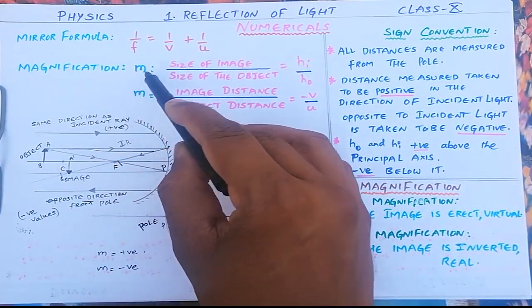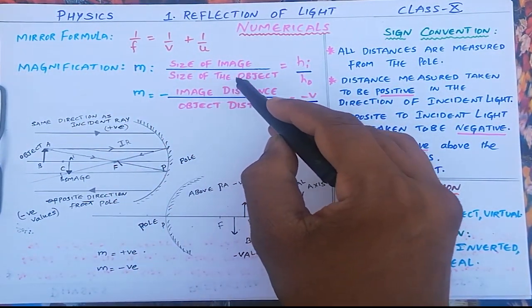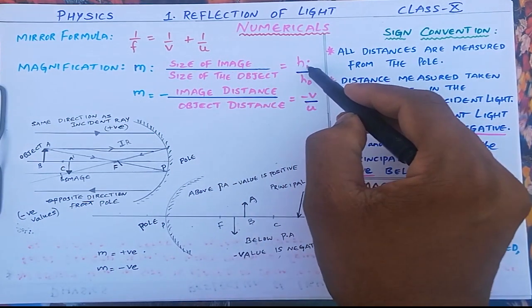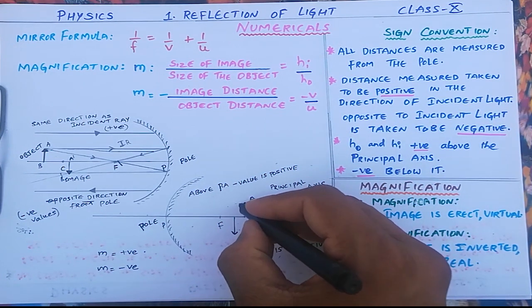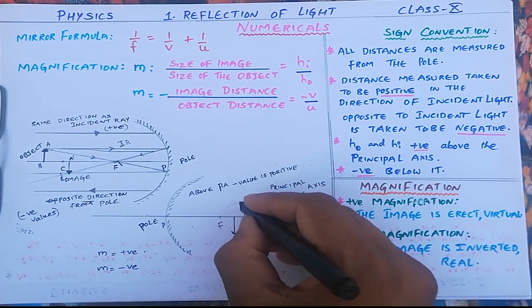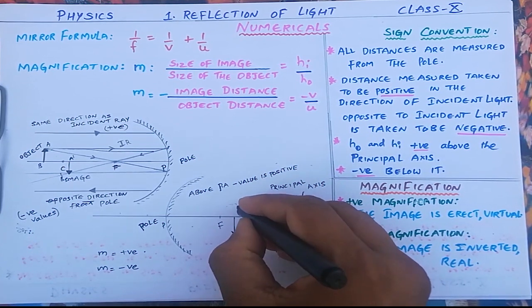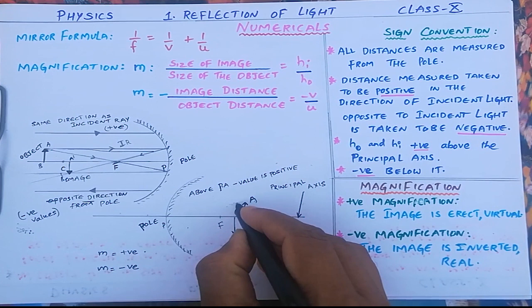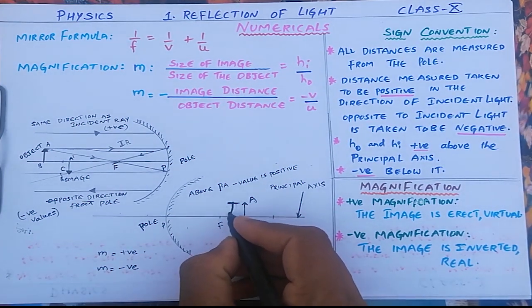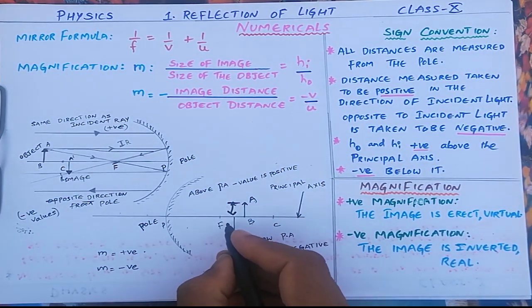Then magnification is the size of the image by the size of the object. Size we take as h, like height. So this is the size of the object, and down will be the size of the image. Suppose this is the size of the object and this is the size of the image.